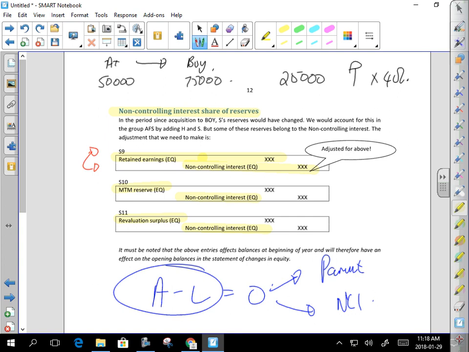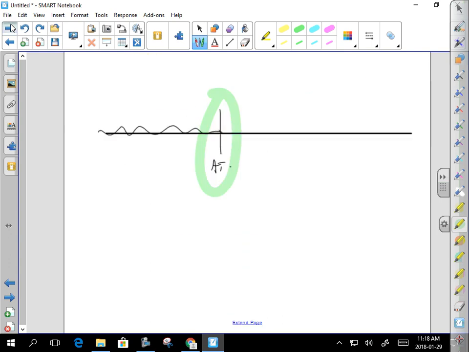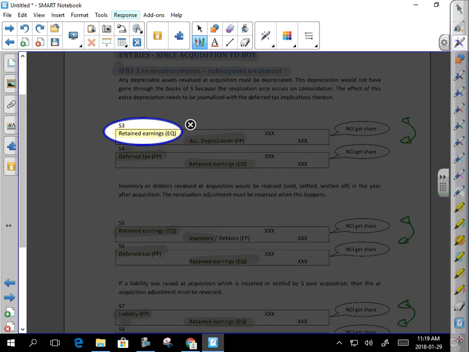Not quite that simple, I'm afraid, because that you got off the trial balance at acquisition, eh? That you got off the trial balance at the beginning of the year. And if you look very carefully, in the same period since acquisition to beginning of year, we made a number of adjustments to retained earnings, didn't we?